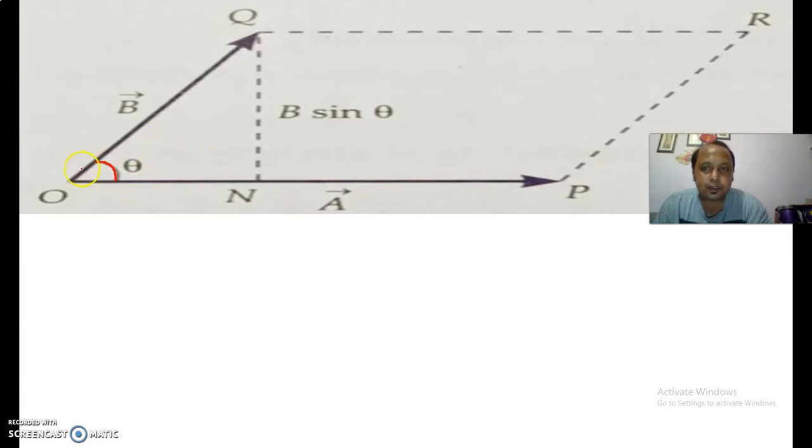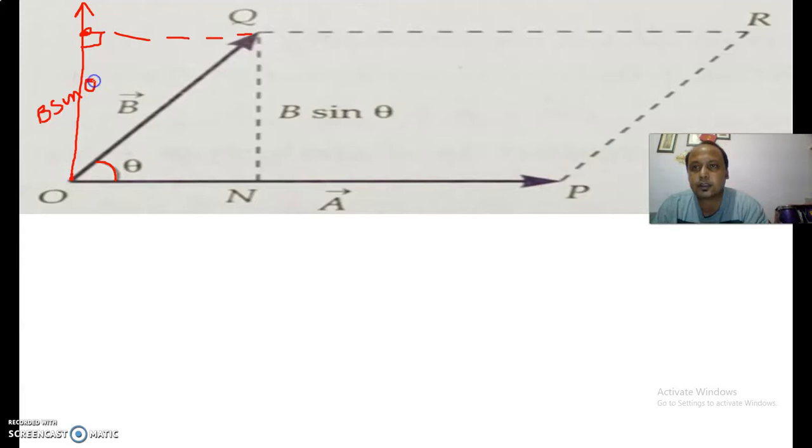Now if we want to find the component of vector B along the y-axis, let me draw this y-axis. Suppose this is the y-axis which we are considering. So for the component of vector B along this direction, we will drop a perpendicular here which makes an angle of 90 degrees. So from this point to this point, the length is obviously B sine theta.